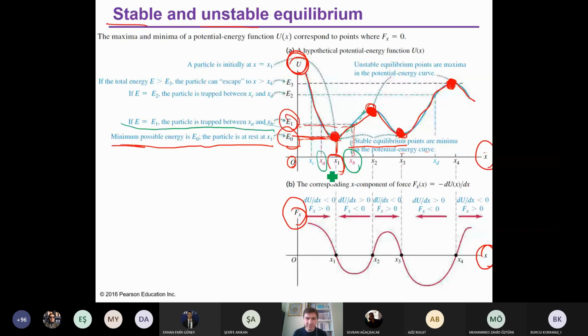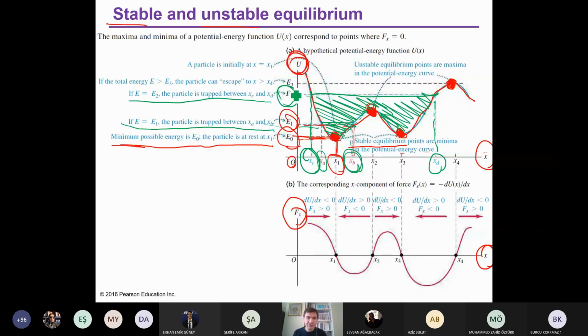And if the energy is E2, then the particle is trapped between XC and XD. XC is this condition, XD is this condition, and the energy is this one. Then the particle is trapped here. Okay?